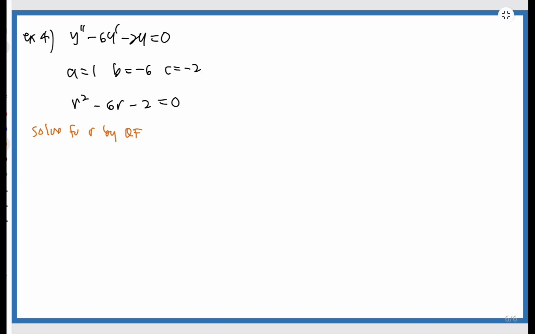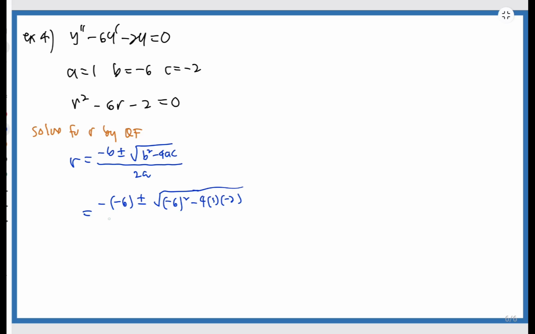So r equals negative b plus minus the square root of b squared minus 4ac all over 2a. So it's negative of negative 6 plus minus the square root of negative 6 squared minus 4 times a times c, all over 2a, which is 1.